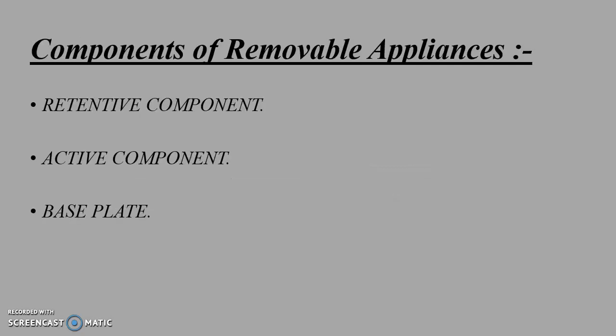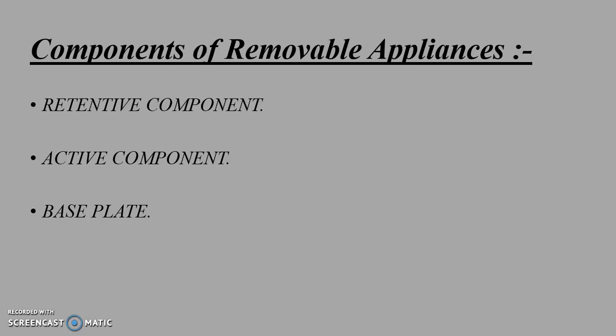Okay. So there are some components for the removable appliance, right? We have three basic components for a removable appliance: a retentive component, an active component, and a base plate. You just think about a Hawley appliance, a basic appliance.